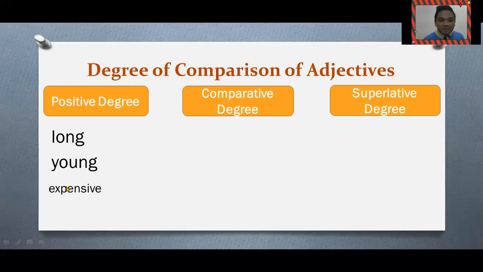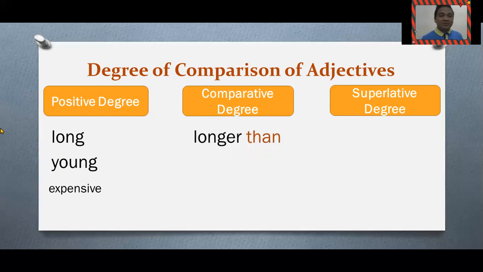Now, when we say positive degree, this is just pure adjective without comparing. So, for example, long, young, expensive. So, these are adjectives. However, if you compare one object to another object, that's why comparative adjective comes in.